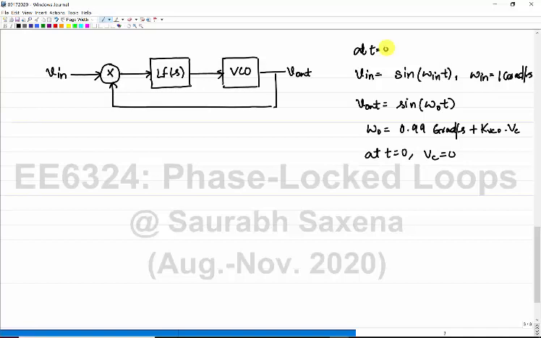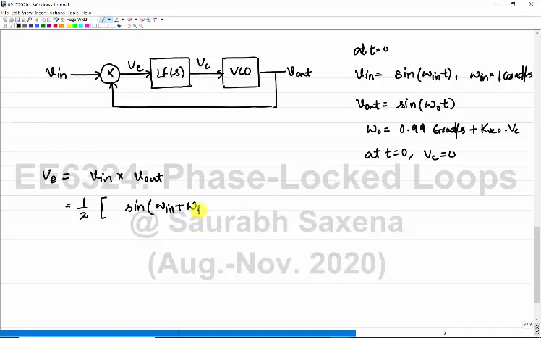Now, if you look at it, the mixer output, which is V error, we have to be pretty cautious about it. This V error is nothing but V in times V out. Okay, and V in times V out, we have done all this calculation. It turns out to be sine of omega in plus omega out. Okay, there is a change here.